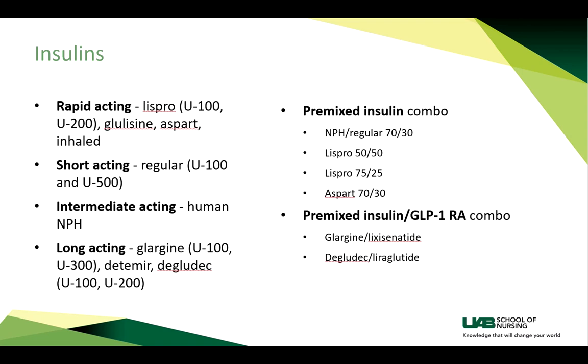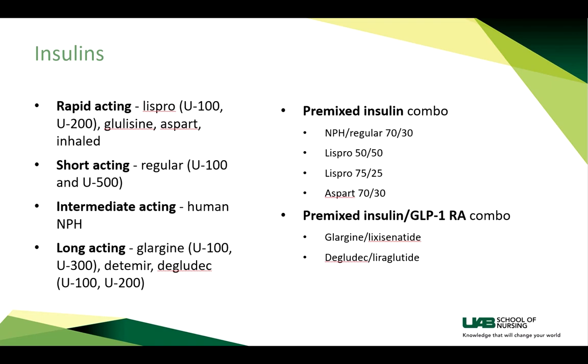Rapid acting insulins, Lispro, U100 and U200 are examples of rapid acting insulin. Glulisine and Aspart are other examples. And then we have some inhaled options for rapid acting insulin as well. Typically, rapid acting insulins are dosed every 4 to 6 hours.